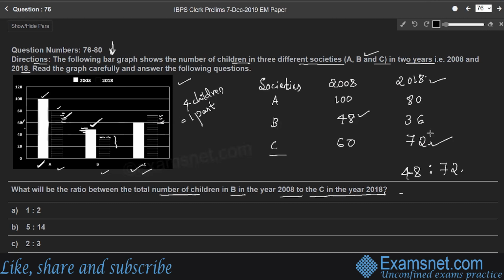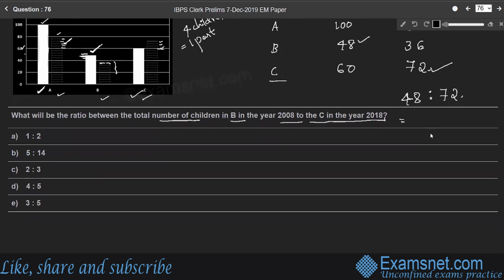You can simplify it. 48 is easily divisible by 4, so 12 is to 18. Again, we can simplify. Divisible by 6, so it is 2 is to 3. So the answer is option C. The number of children in Society B in the year 2008 to C in 2018 is 2 is to 3. Hence option C.